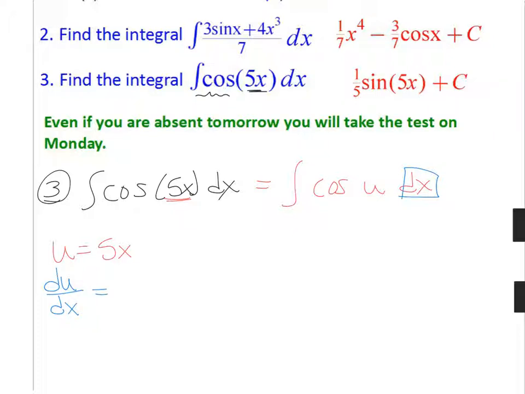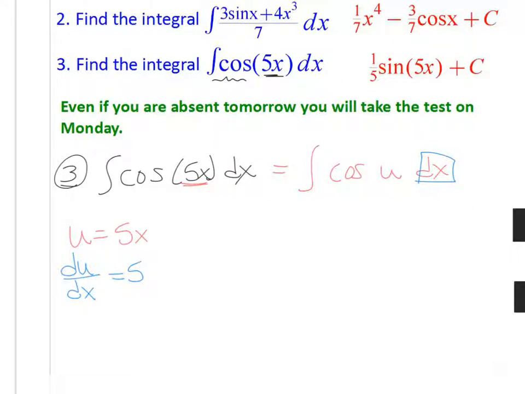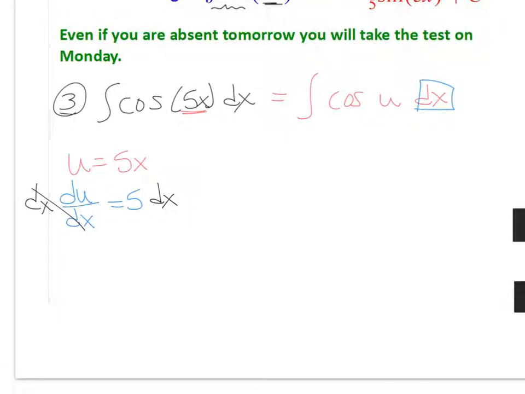So I'm going to take the derivative of the u and manipulate this around so that I can replace dx. And I'll divide both sides by 5. So du over 5 is dx.